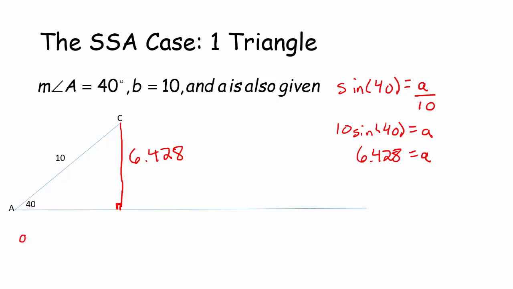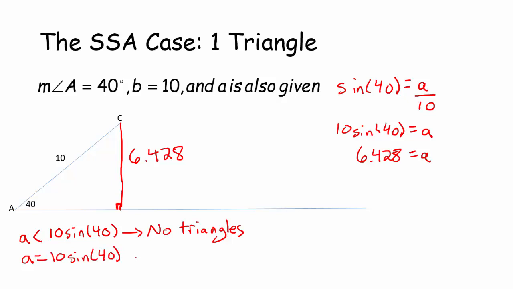If side A was given to be less than 10 sine of 40 degrees, we would end up with no possible triangles. If A is given to be exactly 10 sine 40, so if A is about 6.428, we would get exactly one triangle that we could form here.